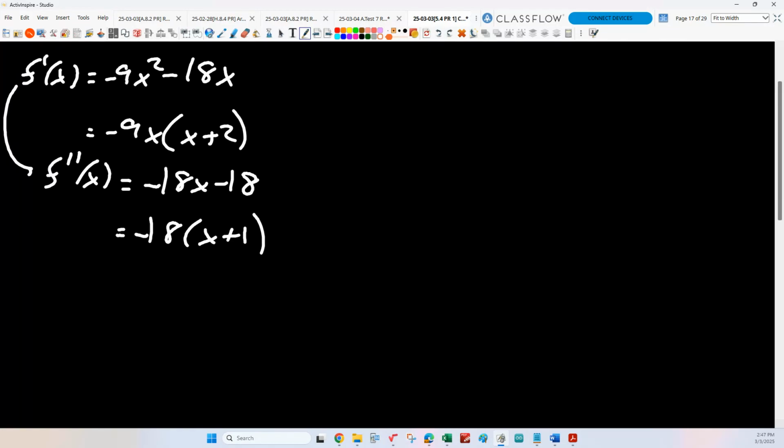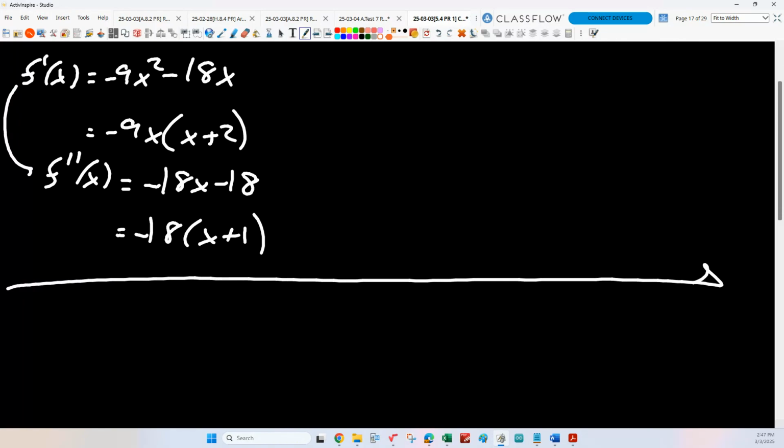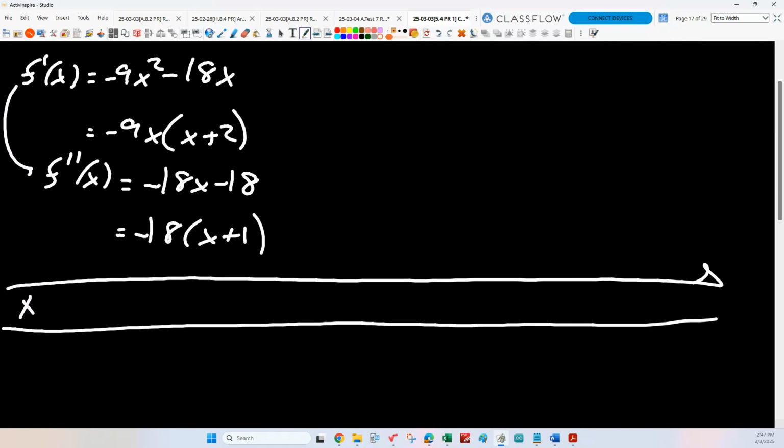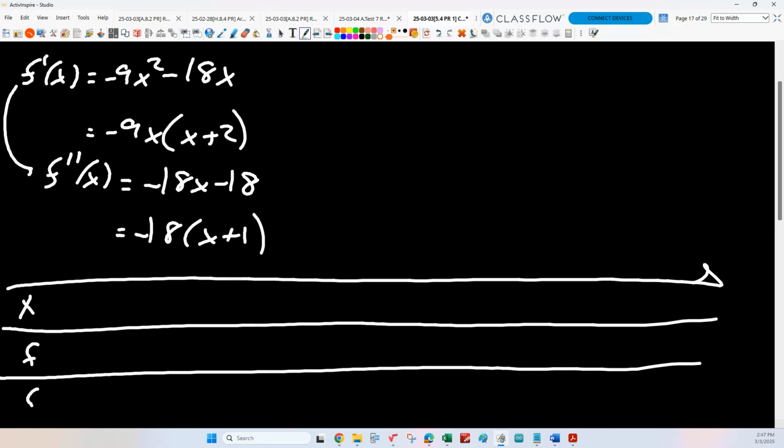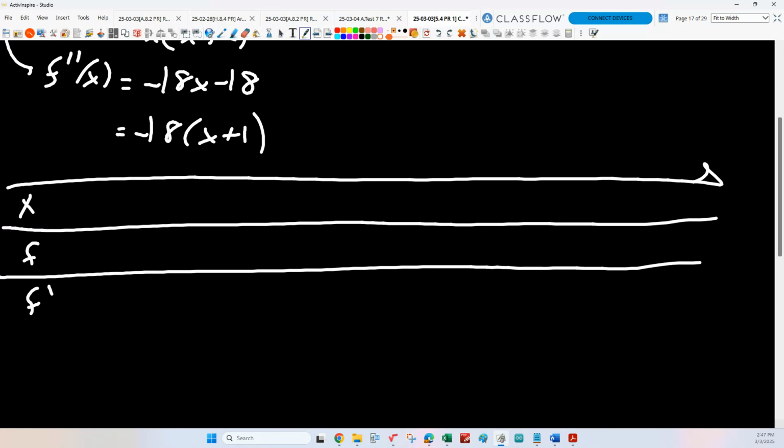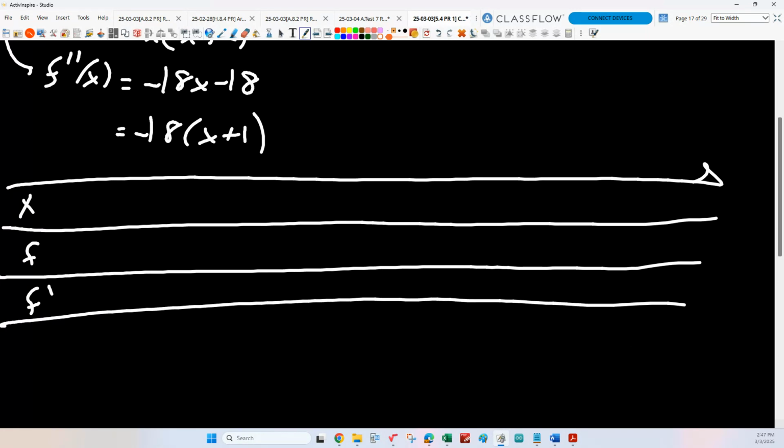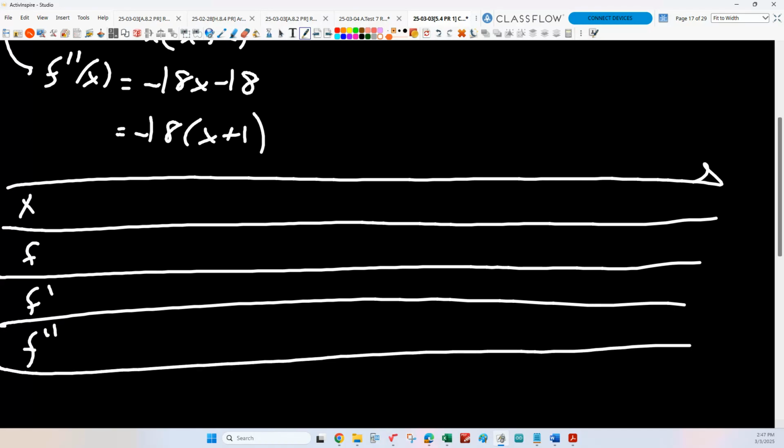So let's make our table. Okay, only now we get to add an extra row to our table. We're adding a second derivative row, right?